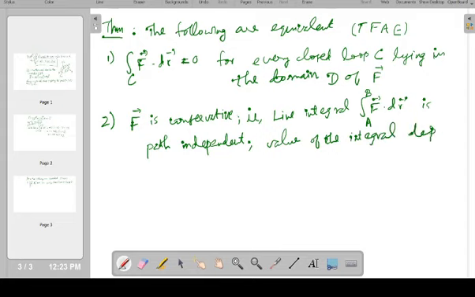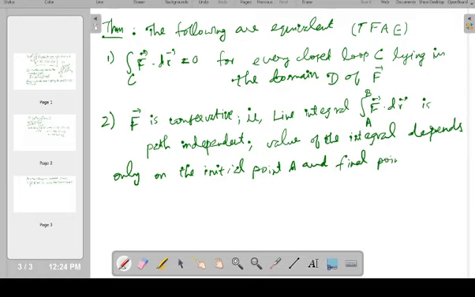Integral depends only on the initial point A and final point B of the path, not the in-between points of the path.